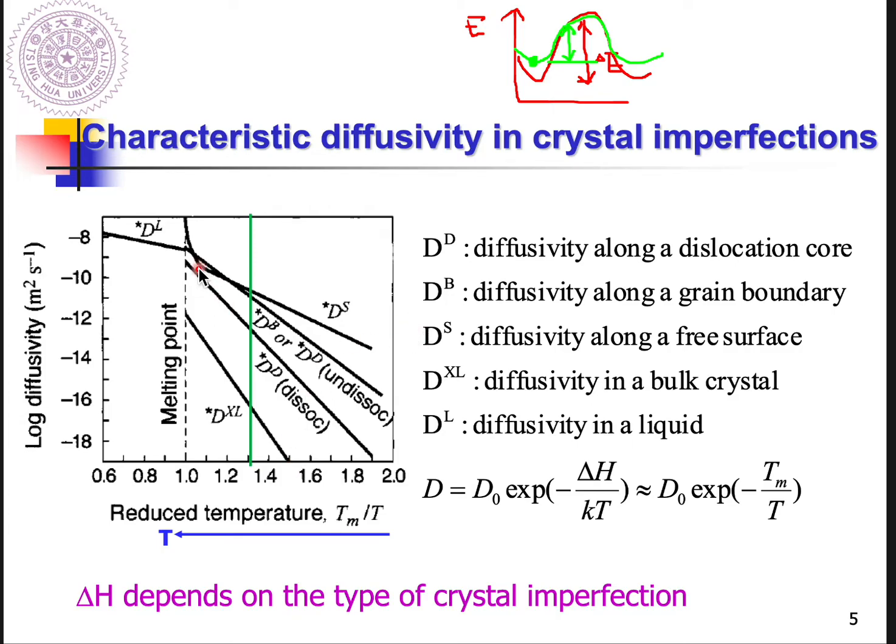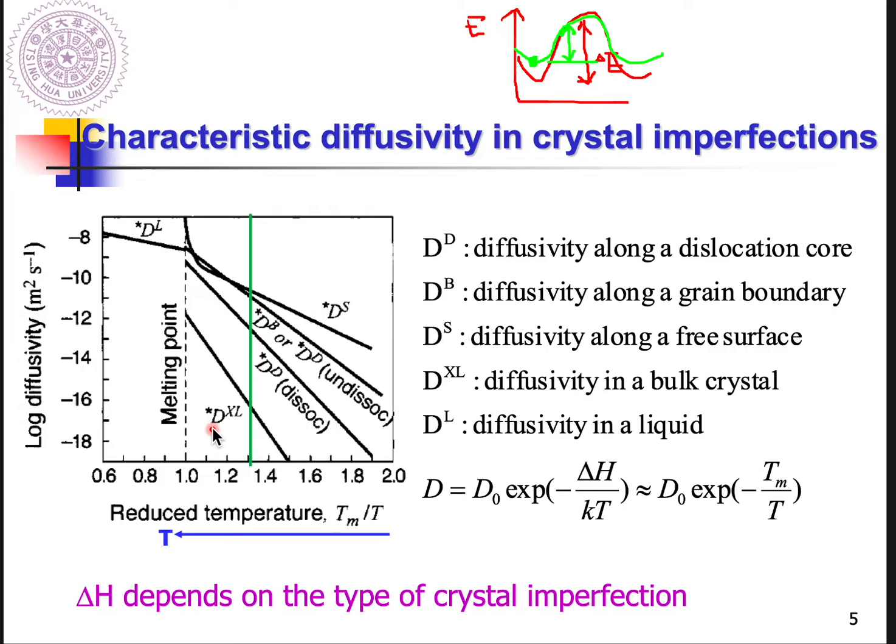However, if the curve is like this, and you can fit it by two straight lines, that implies what? Across different temperature regimes, the dominant diffusion path is different.